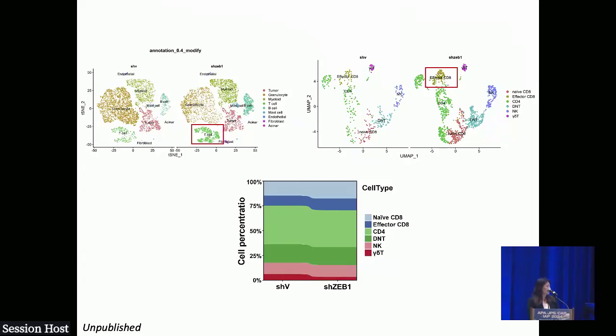And we found, in the red panel, that knockdown of ZEP1 increased the population of T cells, as the green color indicated. And next, we did further subgroup analysis and found that ZEP1 knockdown significantly increased the percentage of the infiltrated CD8 T cells.